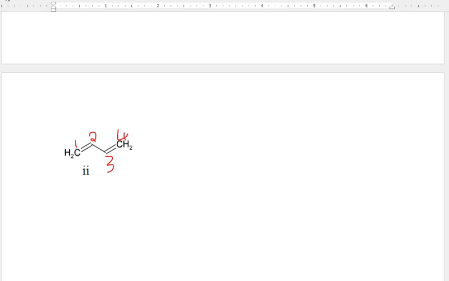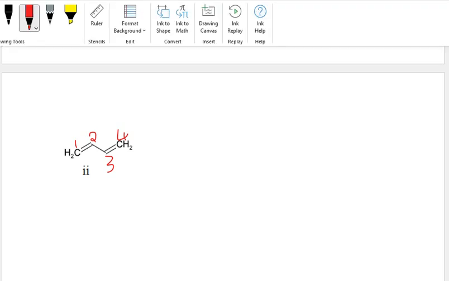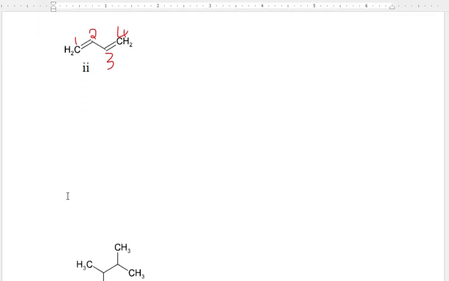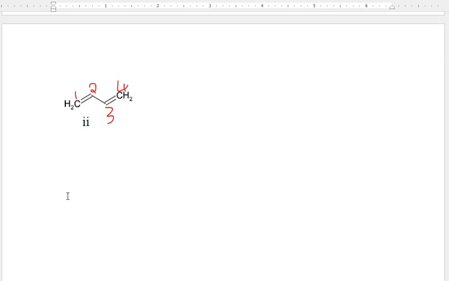Okay, so let's go ahead and identify what will be our parent name on this one. Since we have 4 carbons, it is butene, so our parent name will be butene.